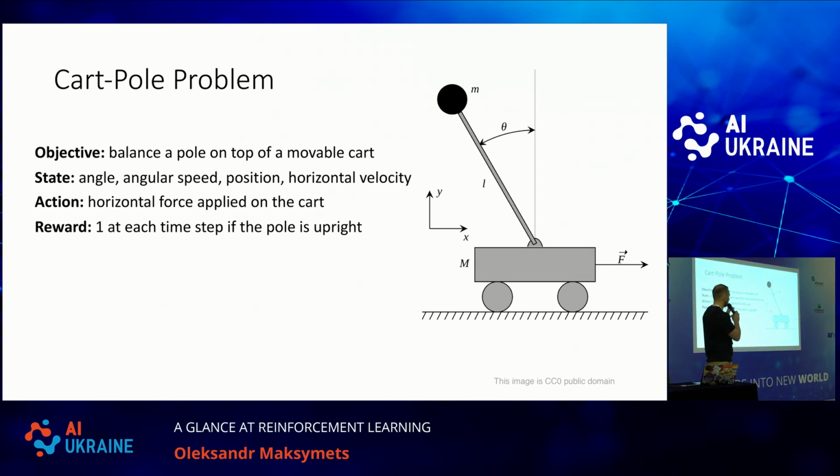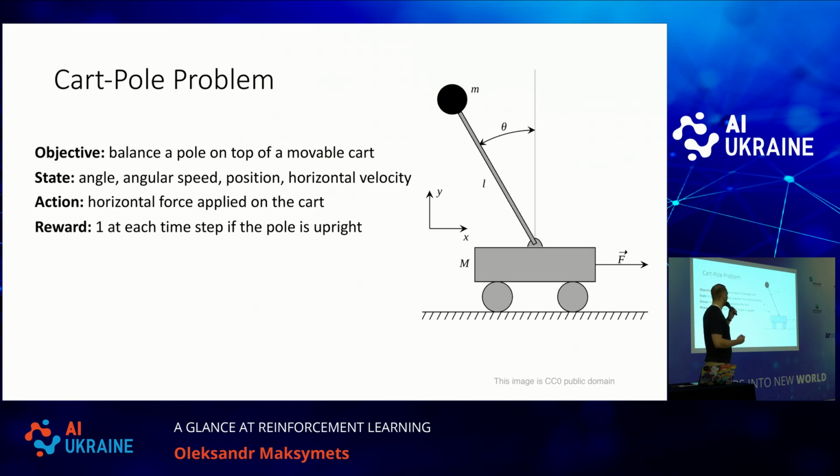The state of this environment is the angle, angular speed, position of the cart, and horizontal velocity. We have control over the cart: we can increase and decrease the horizontal force, so we move the cart along the horizontal axis.